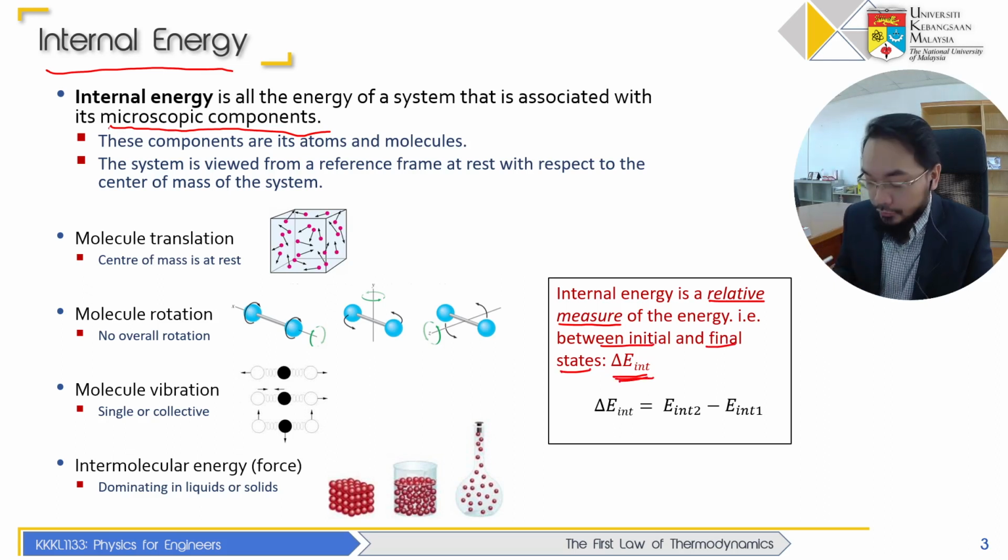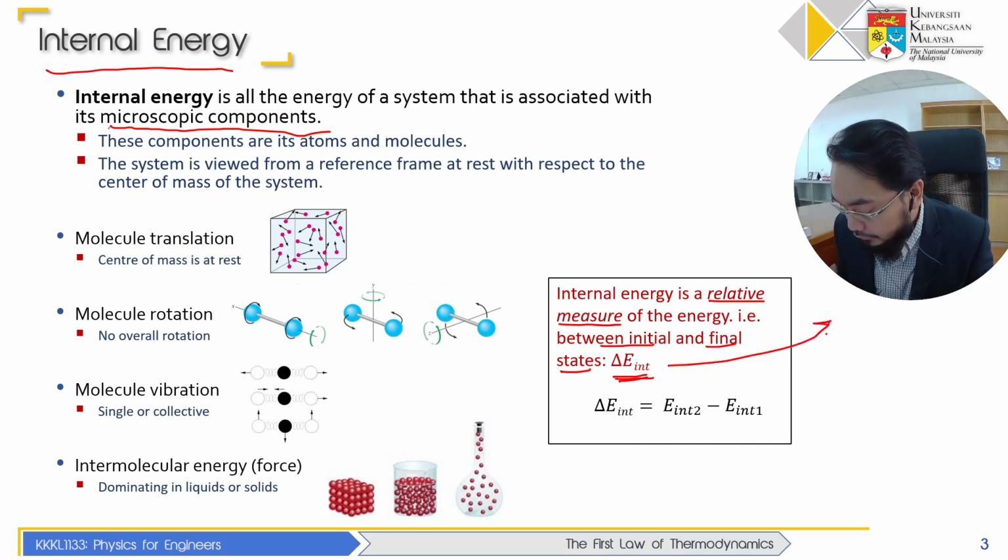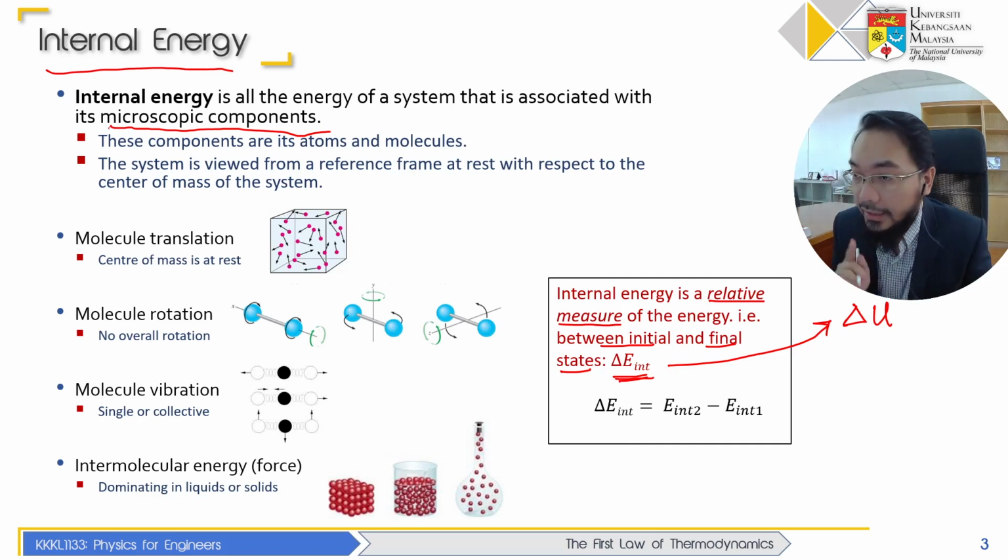Sometimes in other books or in other lecture notes, this is also denoted as delta U. U is also sometimes referred to as internal energy if you look at other books. But for the book that we use, the symbol that is being used is E subscript INT. So this is the change in internal energy.